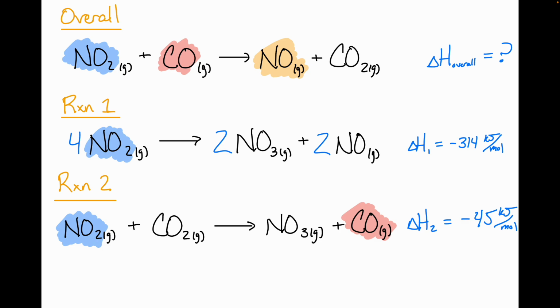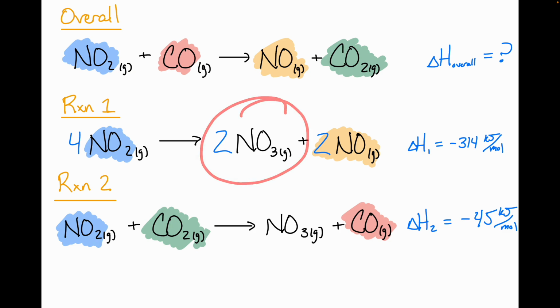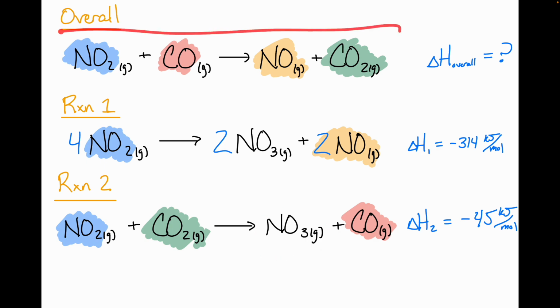There's just a little bit more busy stuff for our eyes to be looking at here. And we'll notice that there's one compound that didn't get colored here, this nitrogen trioxide gas. This is something that's going to have to cancel out when I add these two together because it doesn't appear anywhere in my overall chemical equation.